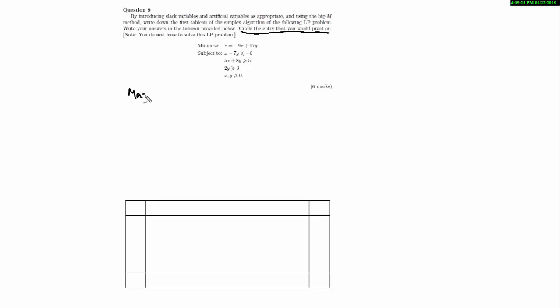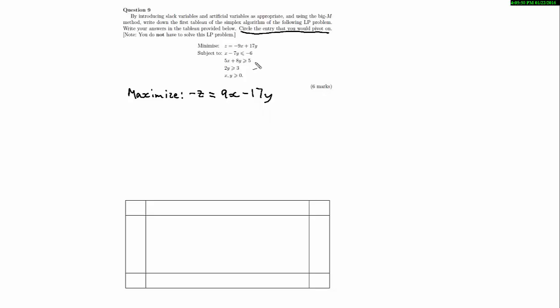So let's do that now. So we've got maximize minus z, which is just equal to minus 1 multiplied by this side as well, which is 9x minus 17y. Okay, now we just treat this as a maximization problem.